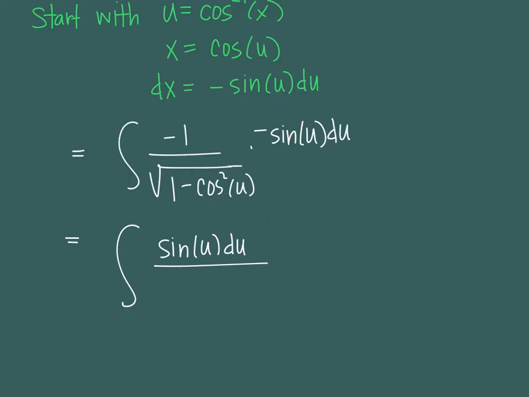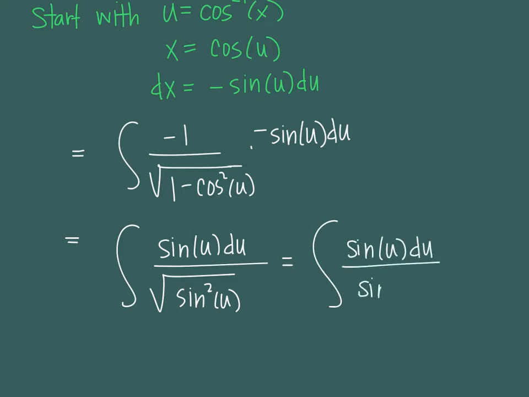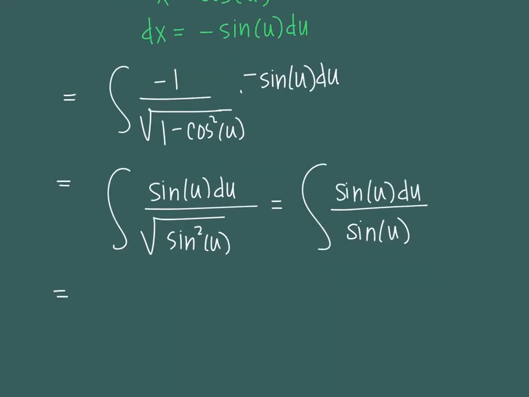The second thing that happens is the trig identity in the denominator, which we have 1 minus cosine squared, which is sine squared. Now I have the square root of something squared. So I get the sine of u du divided by the sine of u, which reduces. And I'm left with simply du.